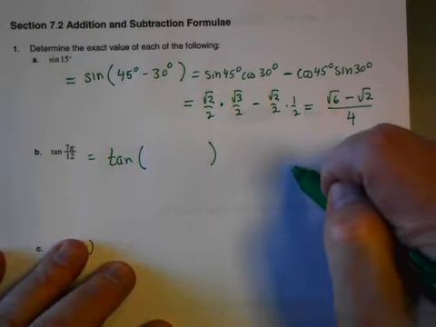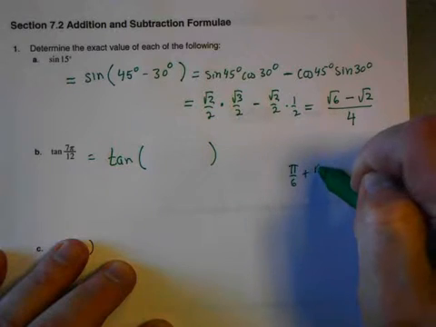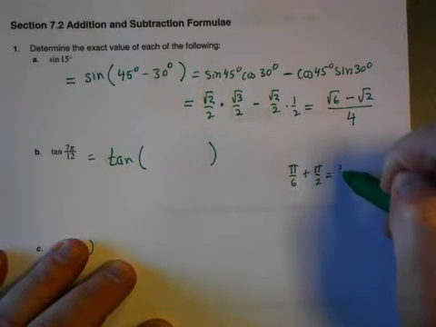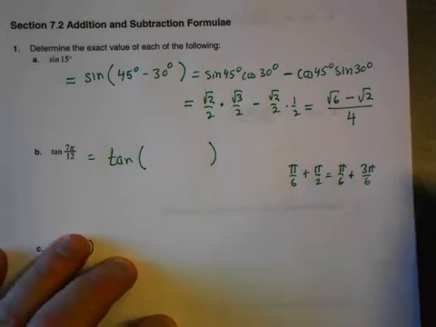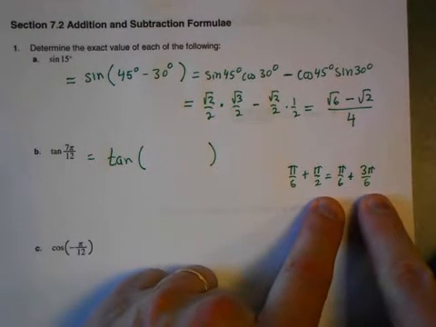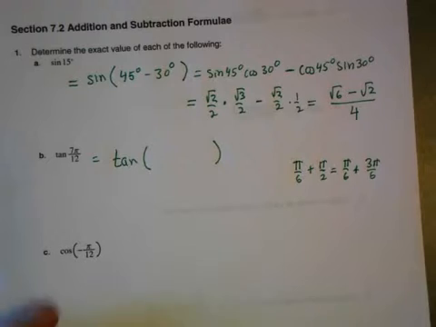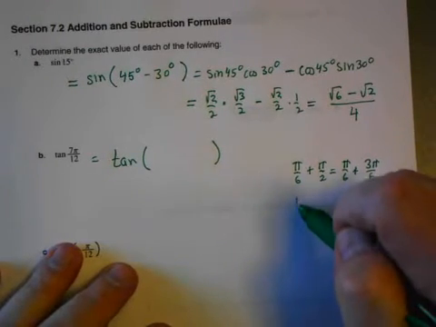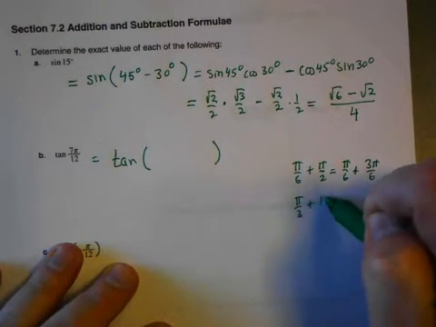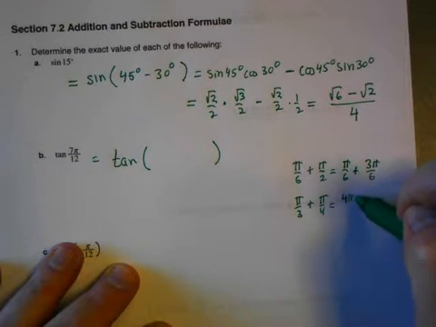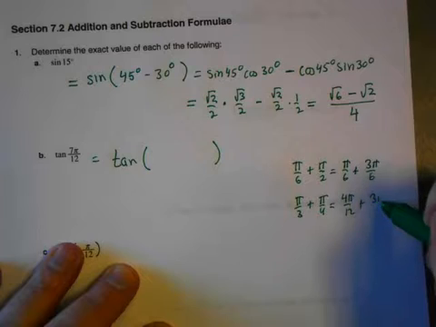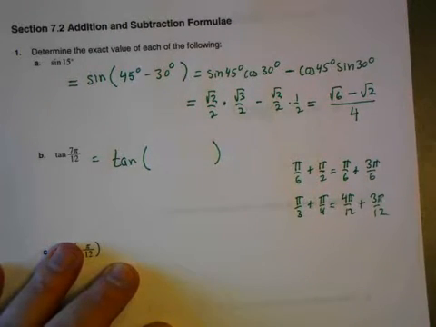I don't think so, because pi over 6 plus pi over 2 would be pi over 6 plus 3 pi over 6. The common denominator would be 6. So those two don't work. 3 and 4 would be pi over 3 and pi over 4, that sounds better, because this would be 4 pi over 12, and that would be 3 pi over 12, and they do add up to 7 pi over 12.